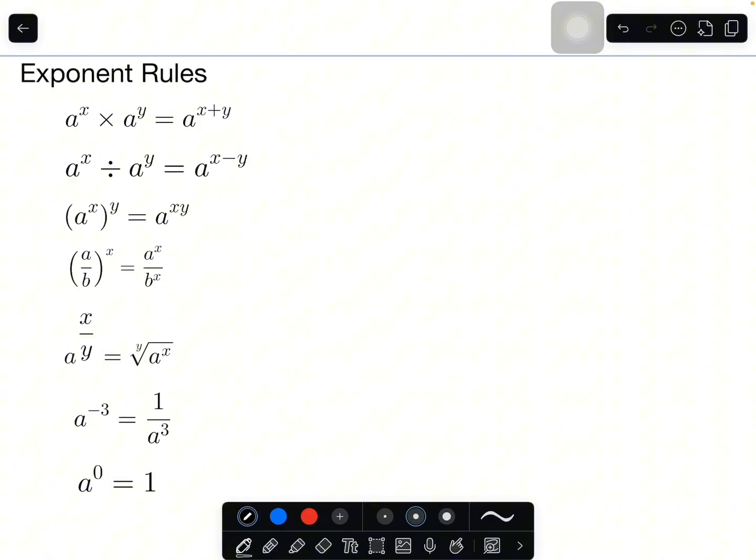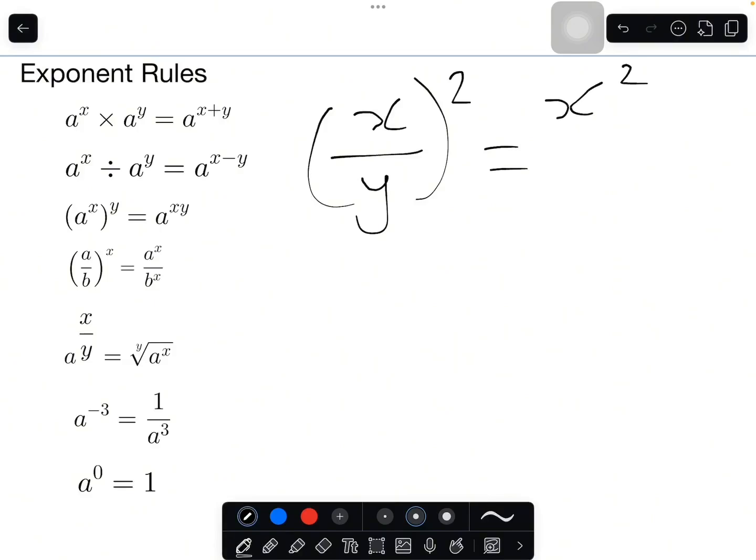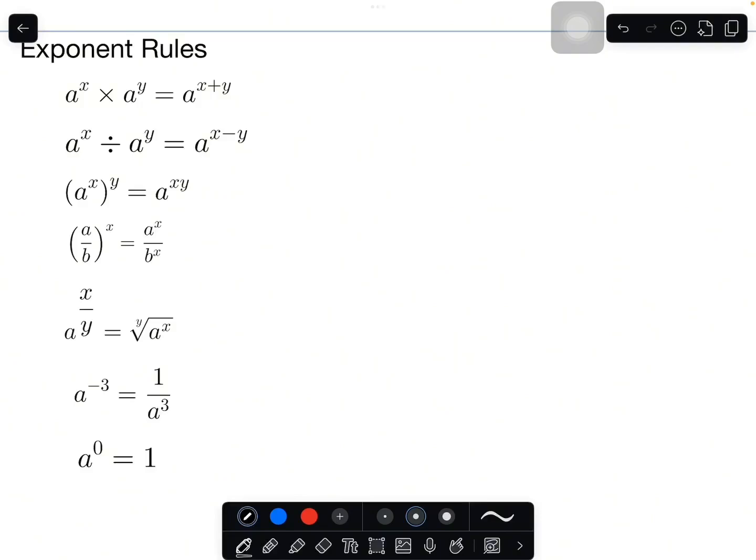Let's move on to if we have a fraction. So if I have x over y, to the power 2, as you can see with our rule here, it will then become x squared over y squared. There's not much explanation into this. You're just applying the power to both of them. When working on this, anything to the power 0 is 1.